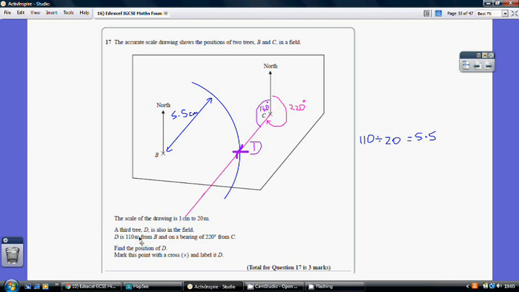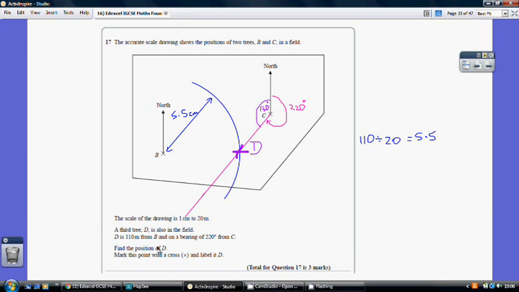So 110 we need to convert into centimeters. So we're going to divide by 20. 110 meters divided by 20 is 5.5 centimeters. So get your compass out, get a length between the pin and the pencil of 5.5 centimeters and draw a nice big arc there. So we know this tree lies somewhere on this arc.